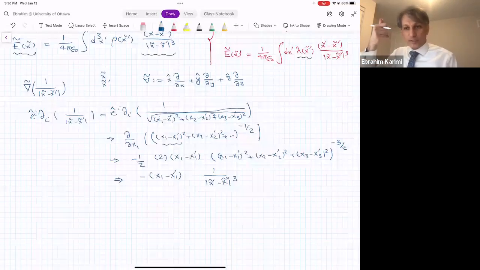What we have done was the derivative with respect to x1. We can take the derivative with respect to x2. We can do the derivative with respect to x3.